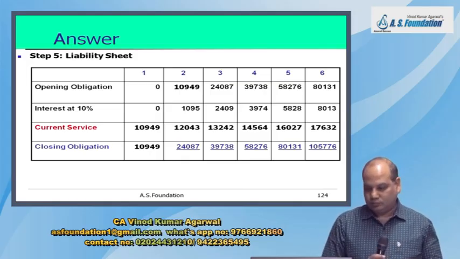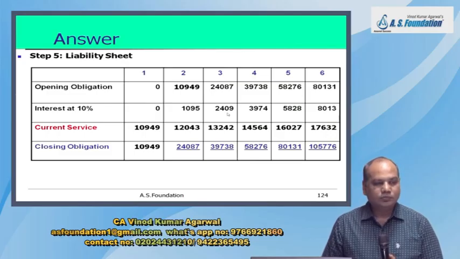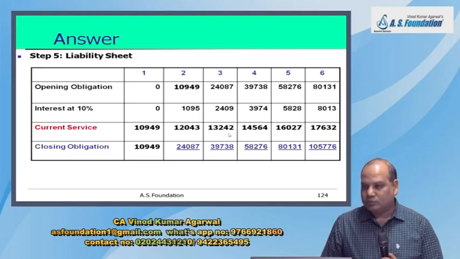Year 3: 24087, 10% of this is 2409, current service cost 13242. Check the calculation. And closing is 39738.